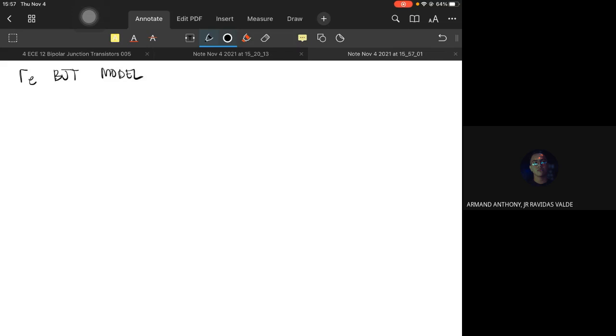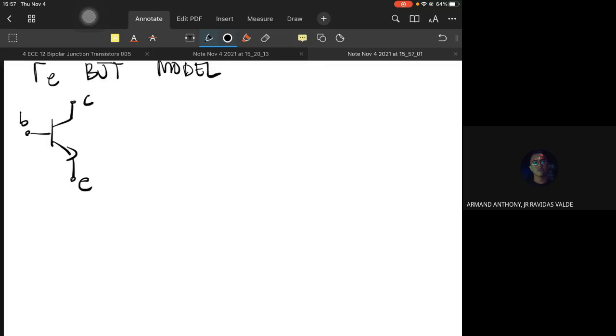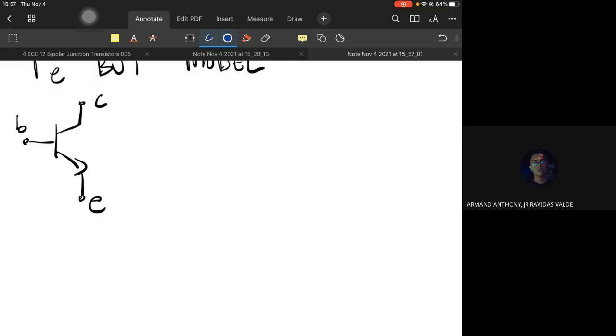So for the RE model, our BJT, this is our BJT: base, collector, and emitter.